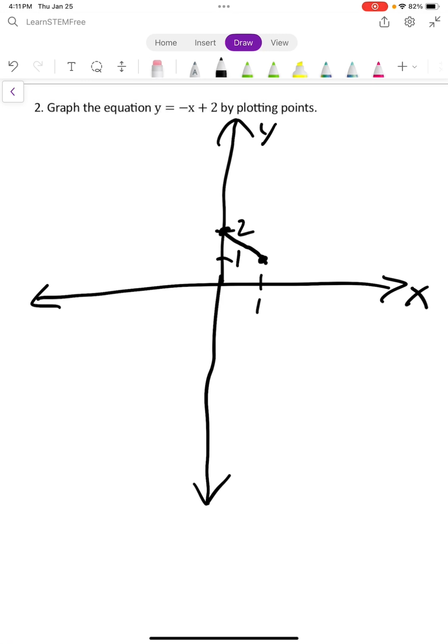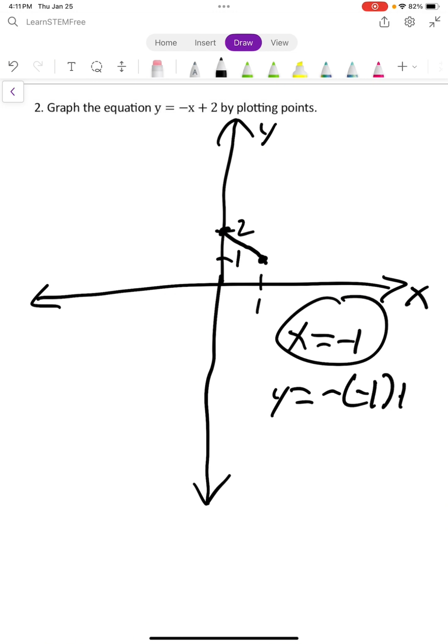So we'll do x equals -1, just to see what happens. We have y equals negative, and then we substitute x for -1, plus 2. Negative times negative gives you a positive, so it's going to be +1 plus 2. So y is going to equal 3.